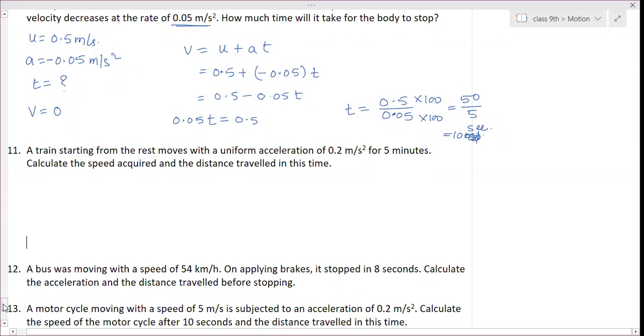Ma'am, to find the speed, I took the first equation of motion. First equation only you have to use. 5 minutes is there. Convert that into seconds, it will be 300 seconds. 5 into 60, 300, right? Then it is 60, right? I had taken the a value wrong. And 150 meter is the right answer. 150, no, 60. 60 meter per second is the v value.